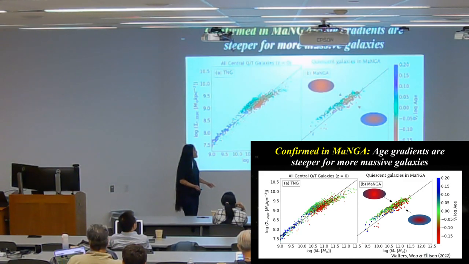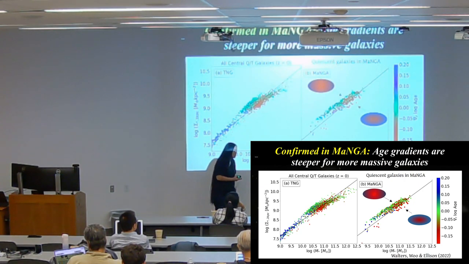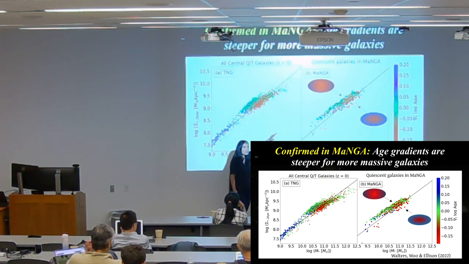Okay, so we connected mass, Sigma 1 or Sigma 2, and gas angular momentum. So remember that the angular momentum is lower in the upper part of the diagram and higher in the lower part of the diagram. So the gas is accreting onto the outsides if you're lower in the diagram.